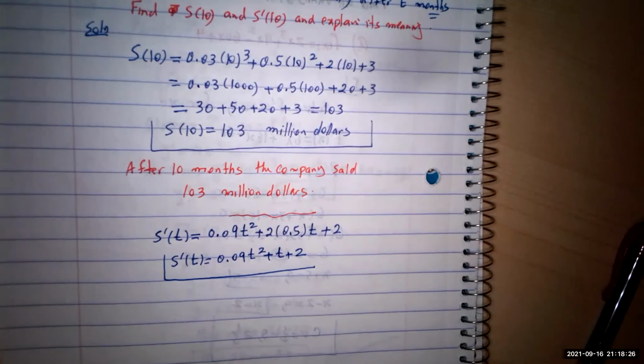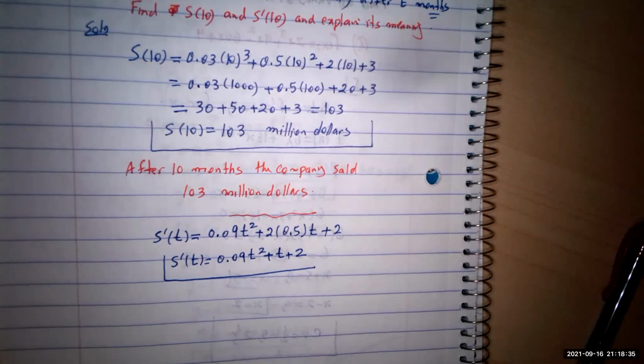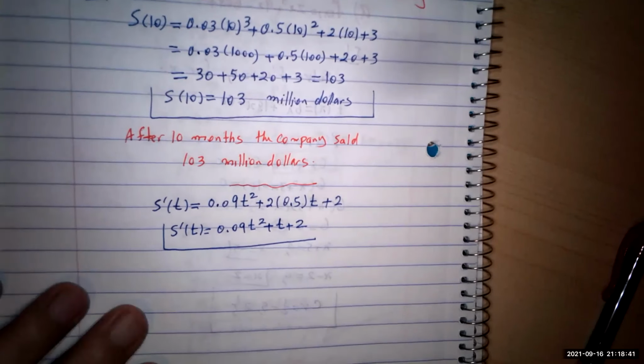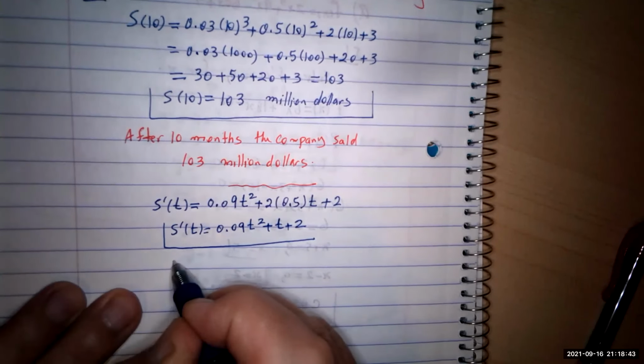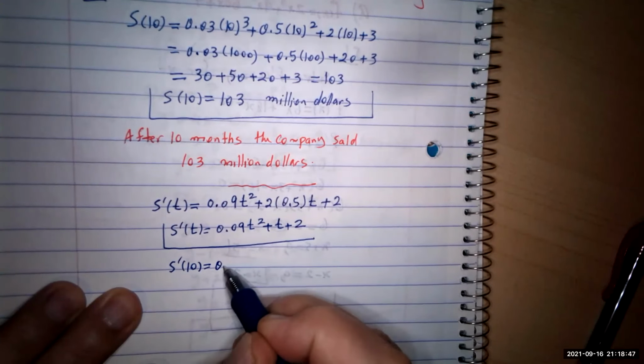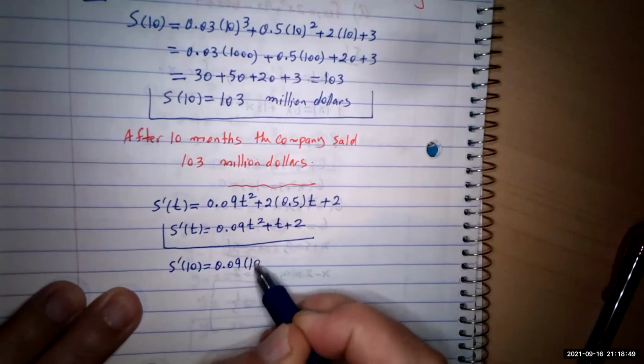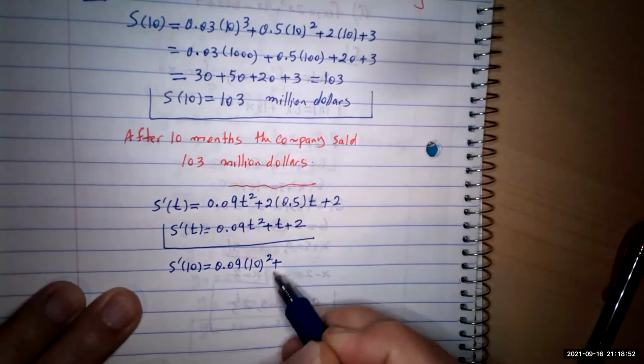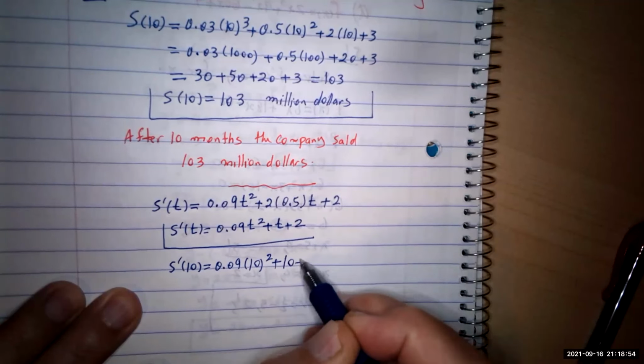Any question? You may have some decimals, so double check it with your calculator. Now they ask you to find S prime of 10. You substitute: 0.09 times 10 squared plus 10 plus 2.